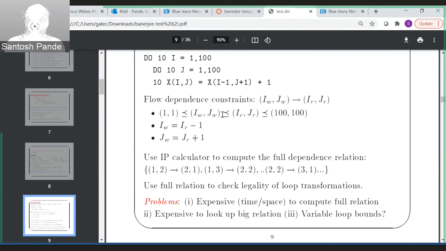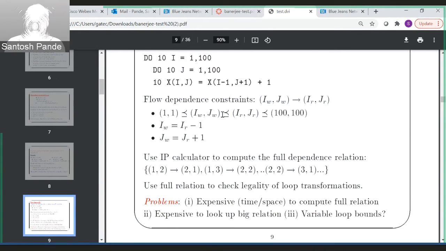By now you must have seen that this is really an integer programming problem, where we are seeking a satisfying solution, if it exists or not, for IW, JW, IR, and JR. They are not arbitrary values, because they are constrained by the bounds on I and J, and of course the lexicographic relation, but by themselves these are iterations, so each is an integer value.